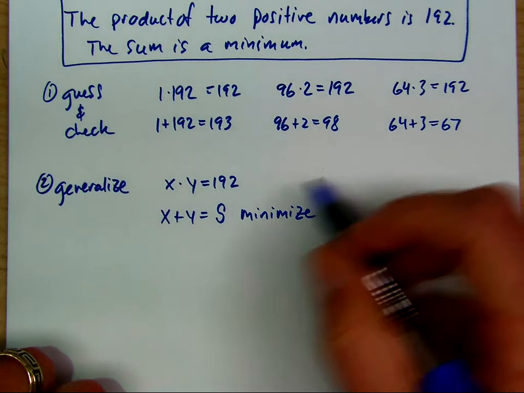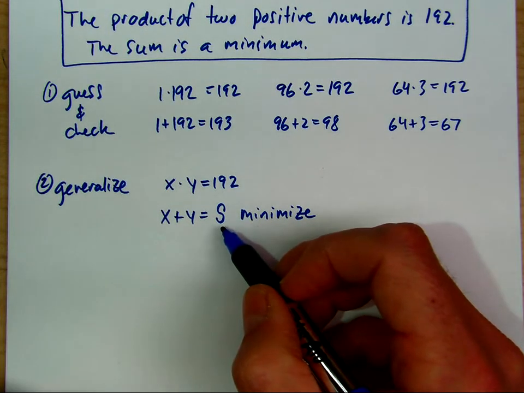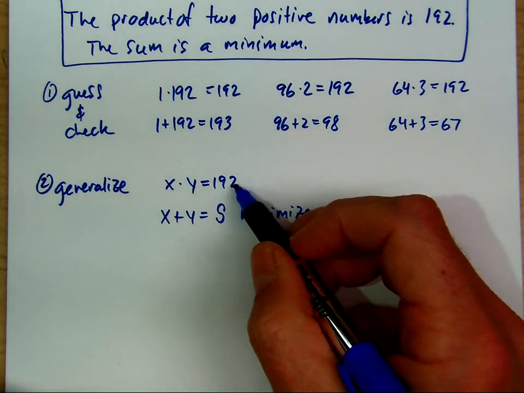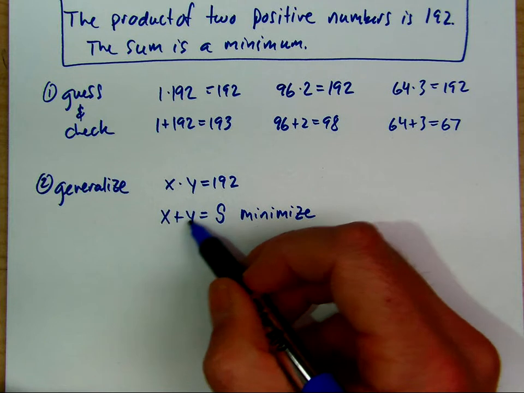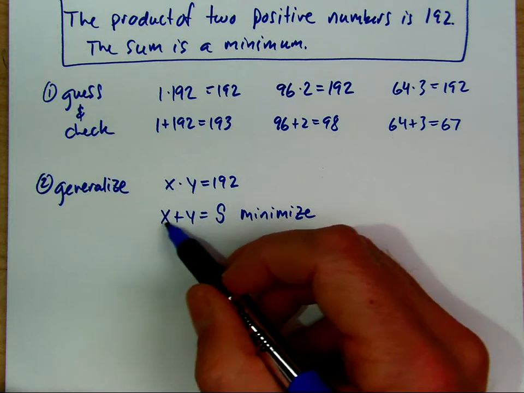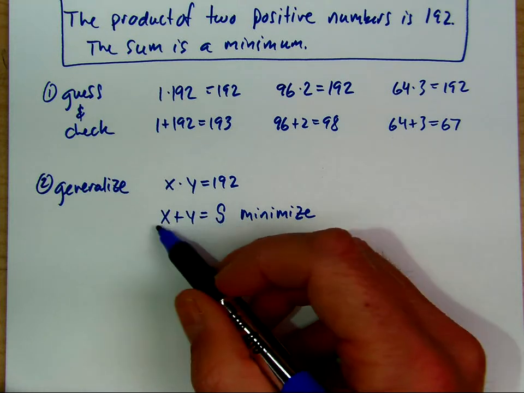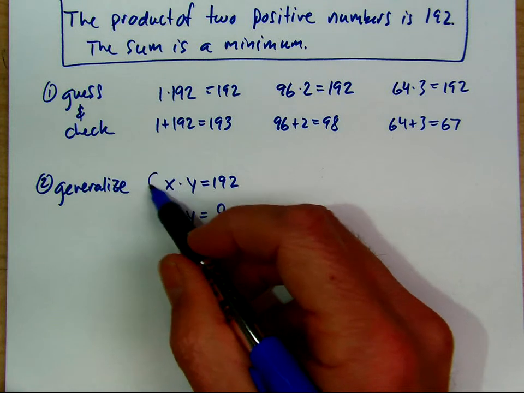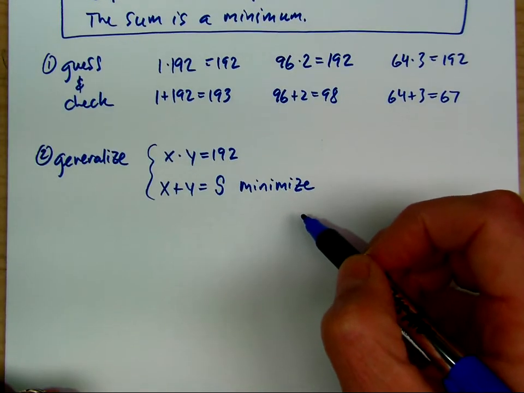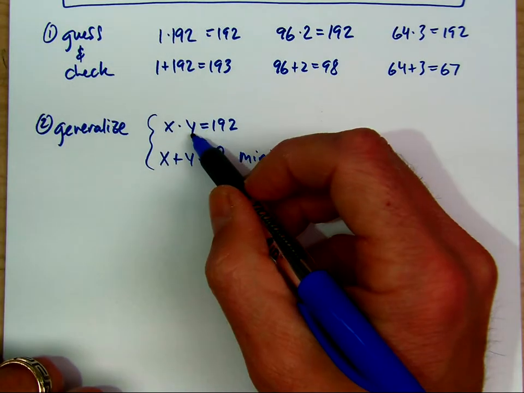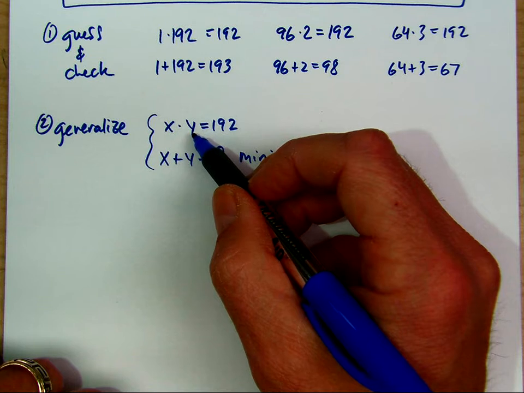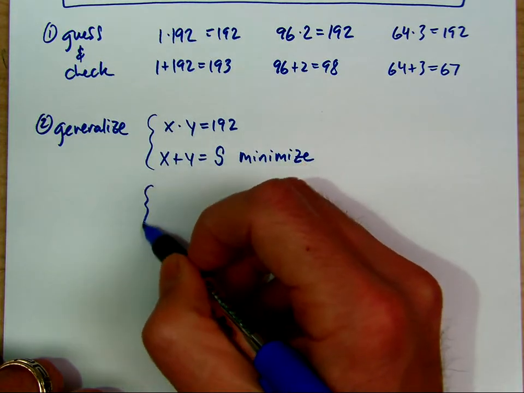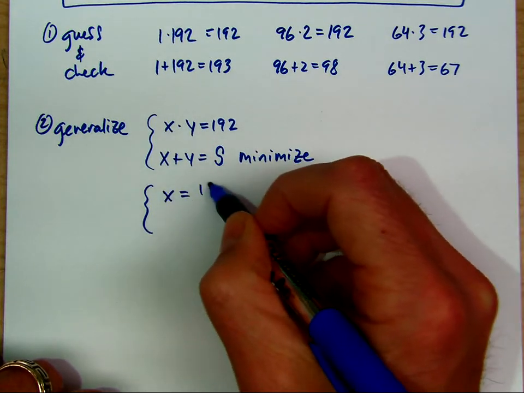So this is the equation we're going to work with, and that's the equation we'll use to eliminate a variable. We have three variables. We don't want to take the derivative with three variables, so we're going to substitute. Here's the system, and let's solve for x. So we'll have x equals 192 over y.